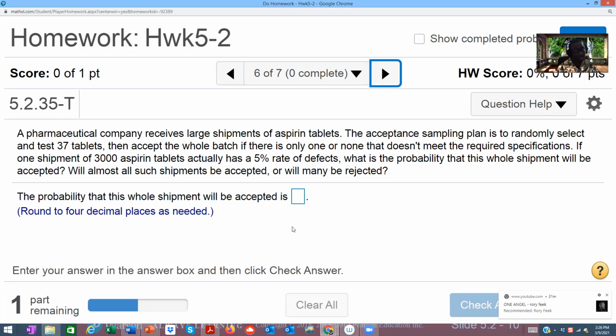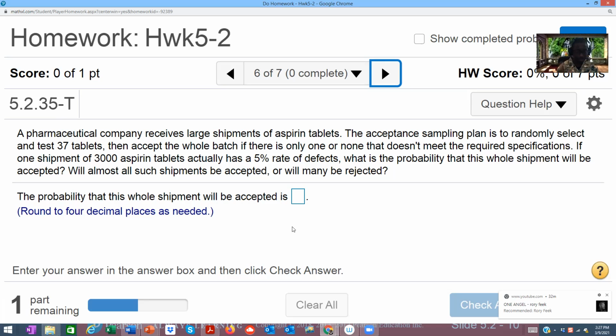I think it is easier to consider the number of defects, because here you just need one of them or none. If you have none, then you have to test all the 37 tablets. Now, if I pick the first one and there is one tablet that is defective, and I keep going and I don't get any more, then I will accept the batch.